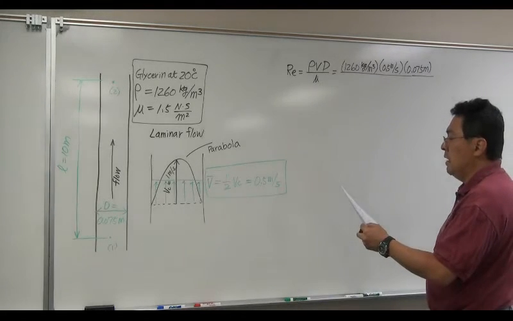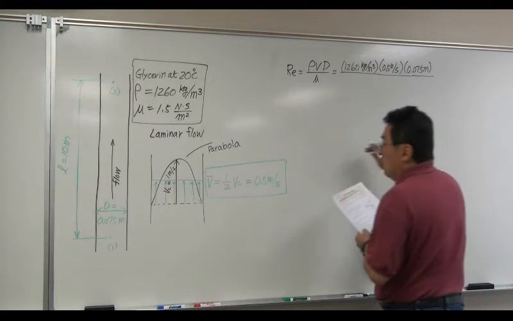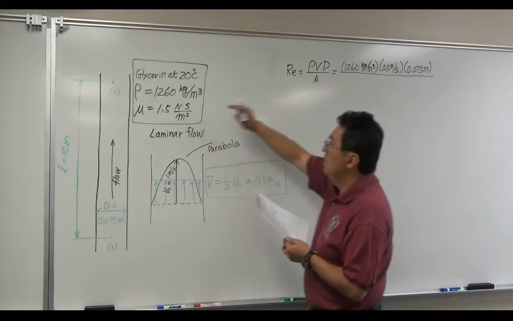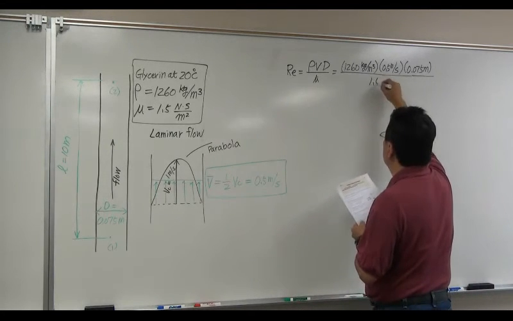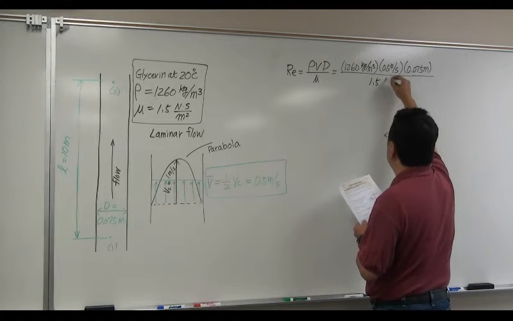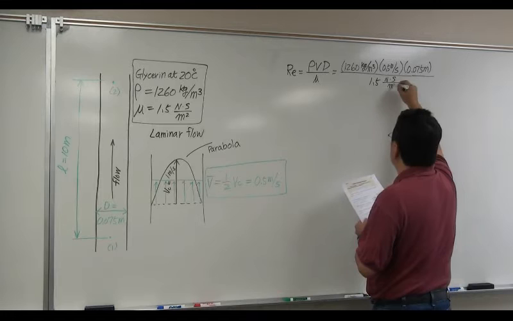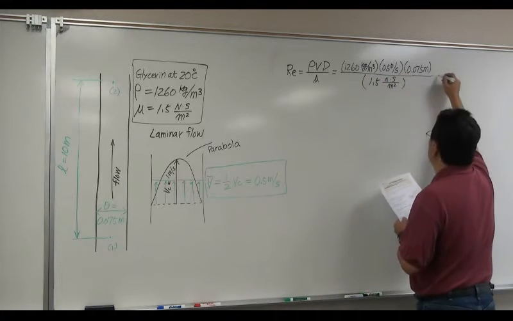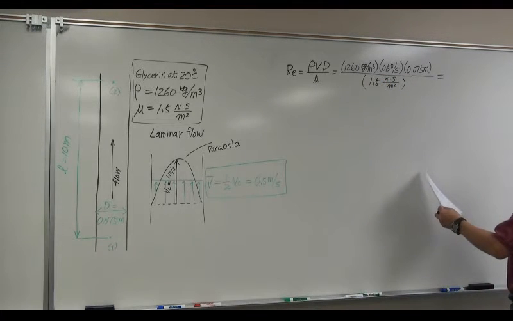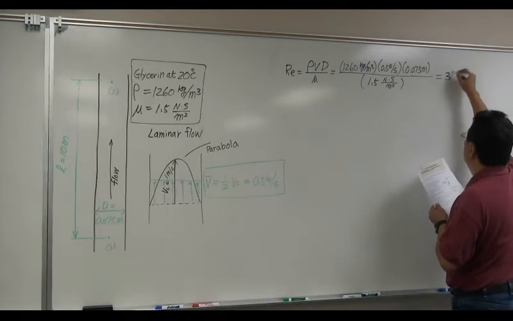This is given, 75 millimeter diameter pipe. Viscosity is here, glycerin viscosity at 20 degrees C, 1.5 Newton second per meter squared. This is going to give you a Reynolds number of 31.5.